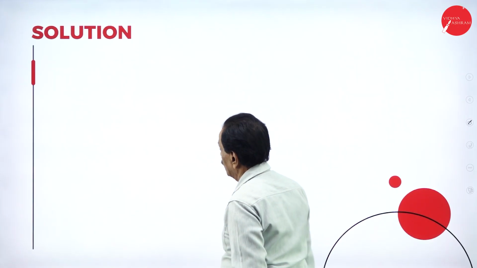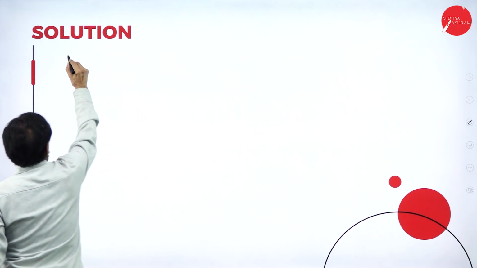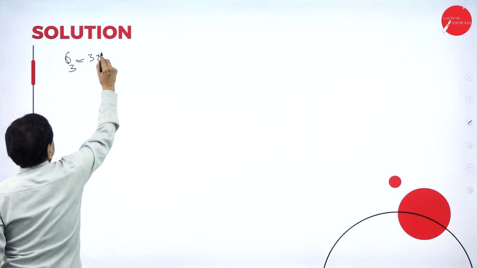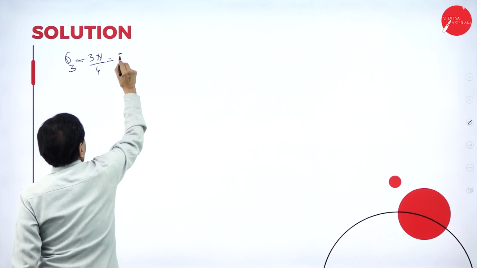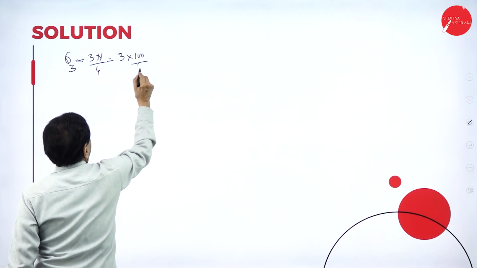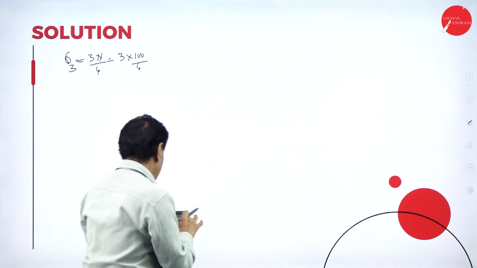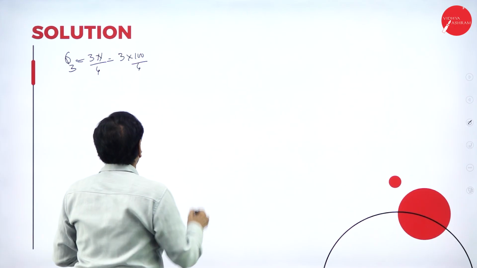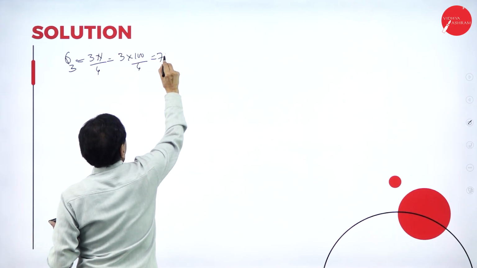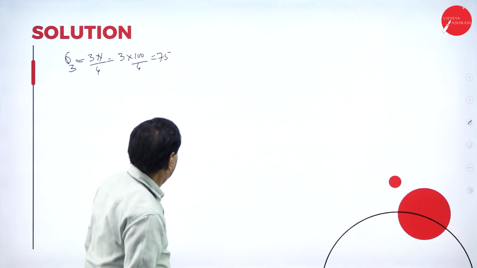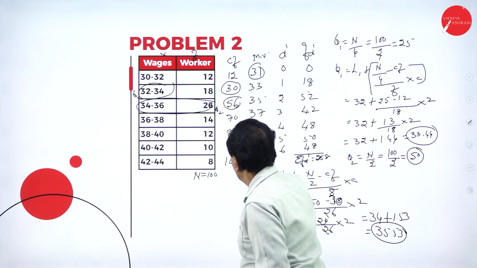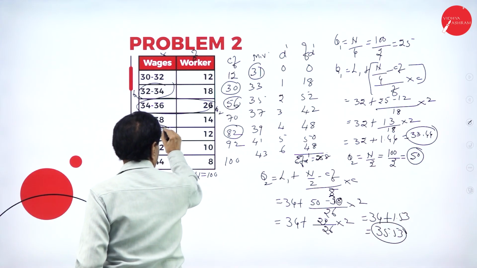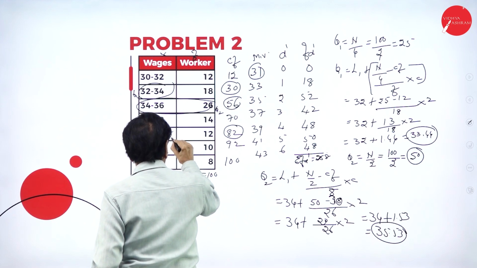Then we require Q3. Q3 is equal to 3n by 4. 3 into 100 by 4, that is 300 divided by 4 is 75. Find 75 in CF. 75 will come under 82. This is the range. This is the Q3.